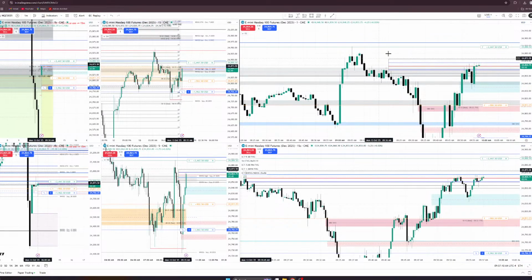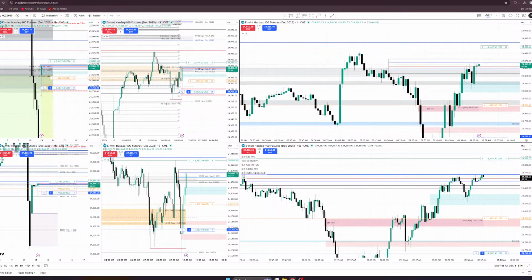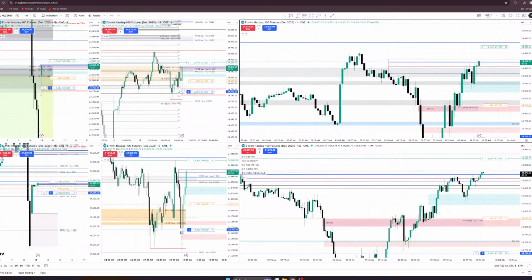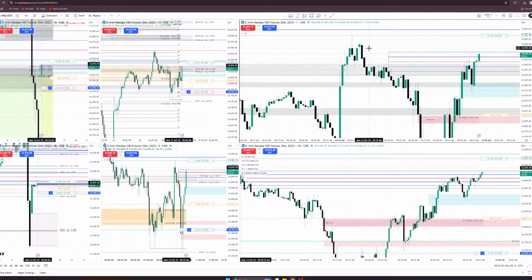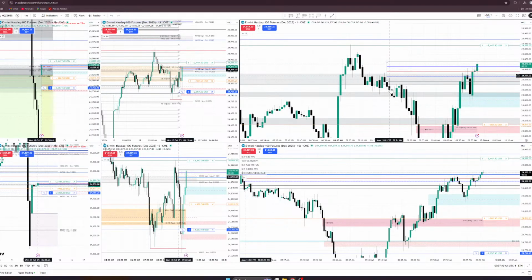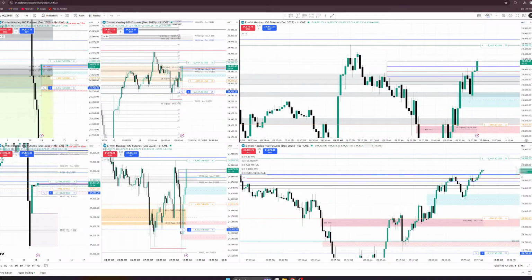So we want to see a closure above this wick. So you can see again price taking support exactly at the midpoint of this wick and rejecting from there. So I'll remove this.